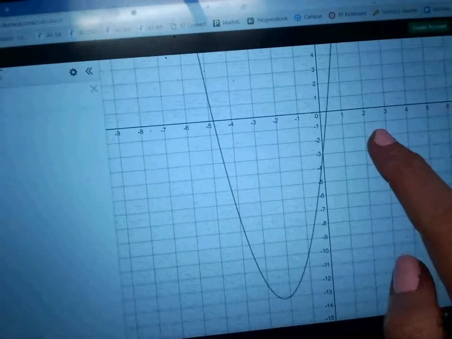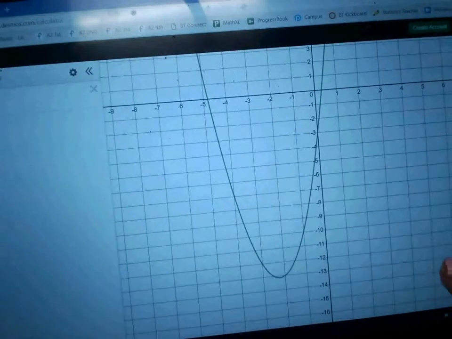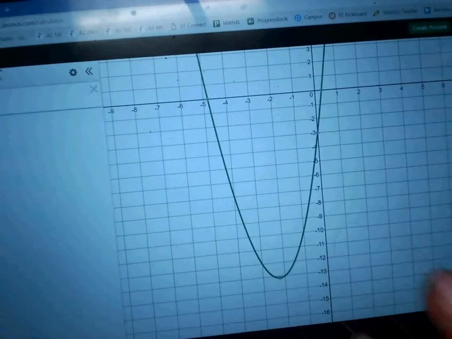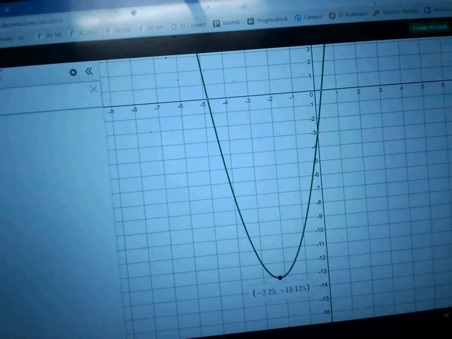Come over here, look at the graph, and the range, so I have to find my vertex, and here it is.